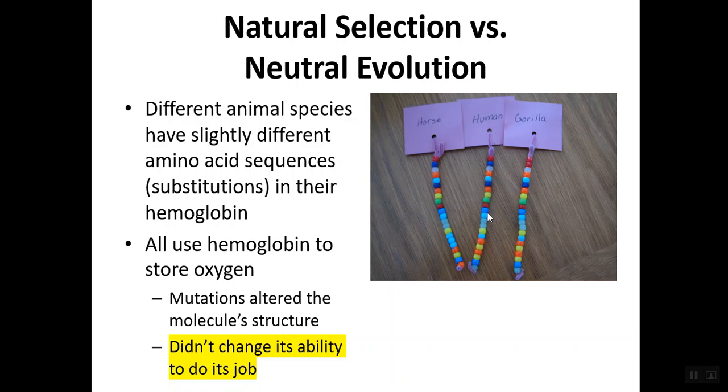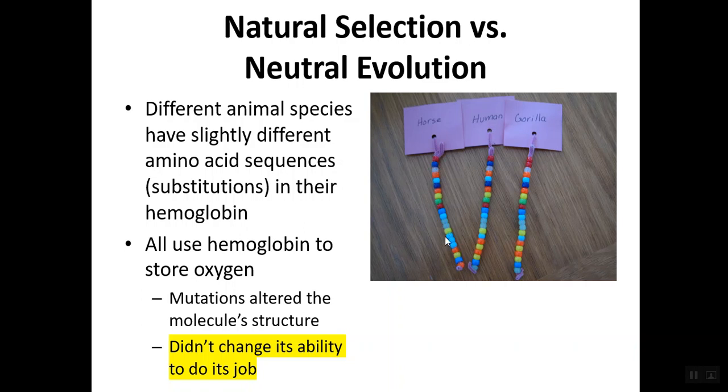The differences are given by the different colors. Look down here, there is a difference. But if this difference in the hemoglobin, which is the protein that carries oxygen, doesn't affect the ability of that protein to carry oxygen, it's neutral. And therefore it may be conserved.